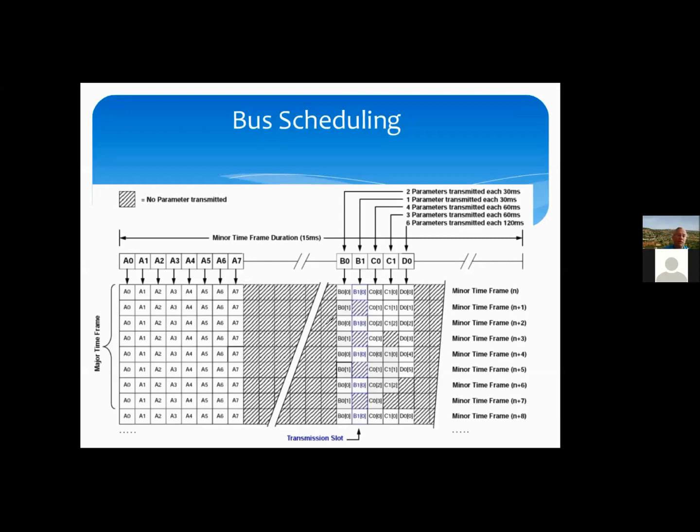In this particular example, if I say that a minor frame is 100 milliseconds, these go out every 100 milliseconds. B0 sub 0 goes out every 200 milliseconds. C0 sub 0 goes out only every 400 milliseconds. So depending on how time critical the data is, using my schedule, I can make it go out more or less often. Or I could decide that a frame is 30 milliseconds, so this is 30, this is 60, but it's the same concept. It really doesn't matter.